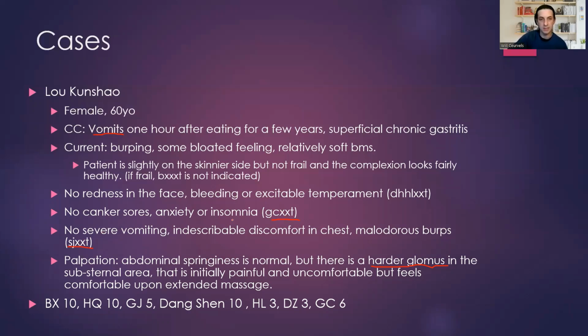But if you look at Gancao Xiexin Tang, he's going to look for some sort of canker sores or ulcers, either in the throat and in the mouth or below, right? This is coming from the Jingui Yao Lue and the use of Gancao Xiexin Tang in fox creeper or Hu Huo disease. Now, also anxiety and insomnia are quite marked in Gancao Xiexin Tang. She doesn't have those things, so he's going to cut that one out.